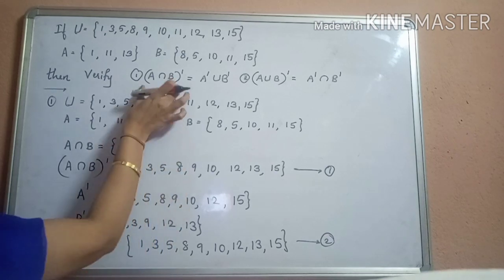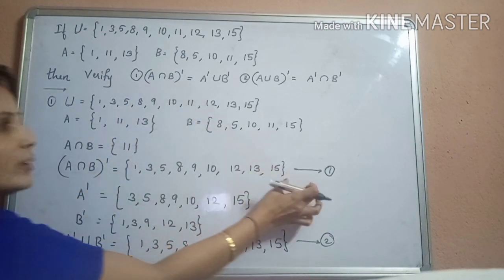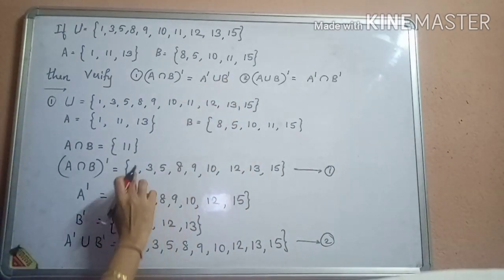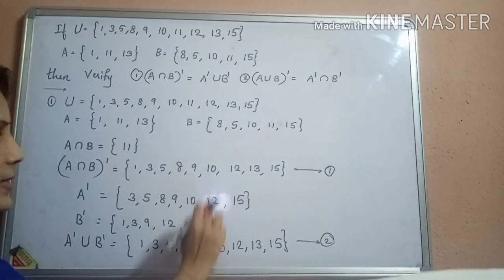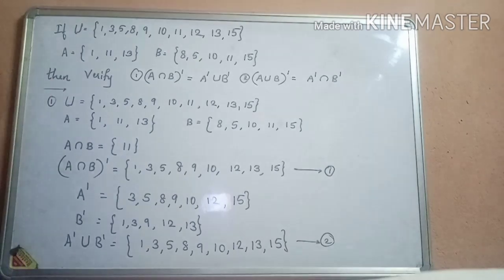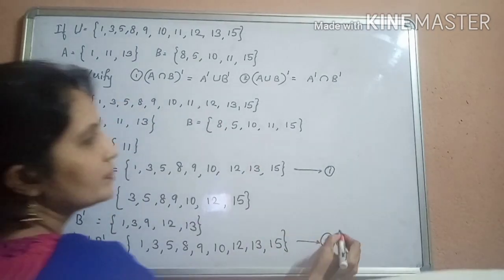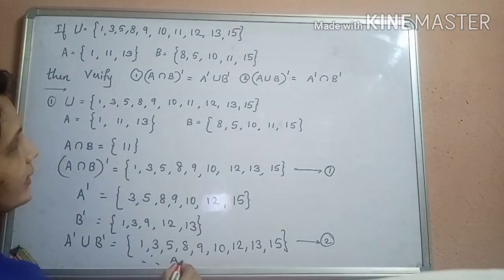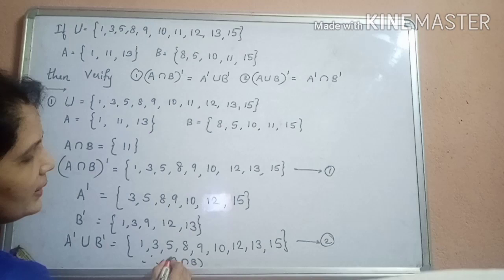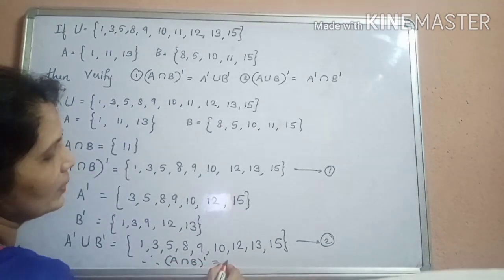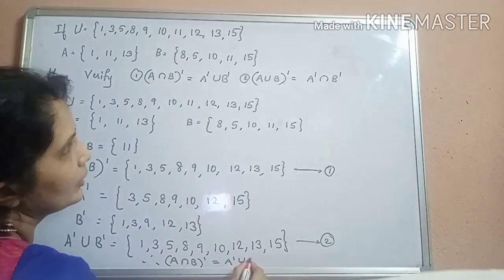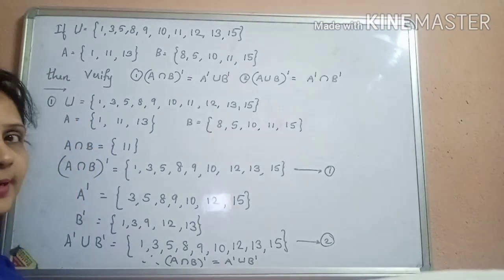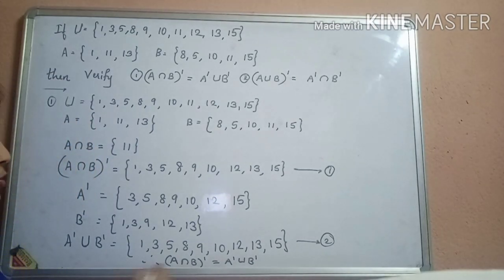First was left hand side, second is RHS. I will compare first and second. Is it same? Yes. Therefore, we will write down: A intersection B complement is equal to A complement union B complement. It will always come same. So, first rule is verified.